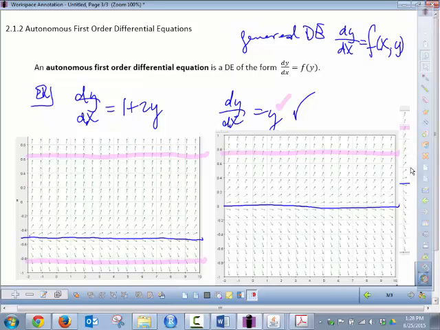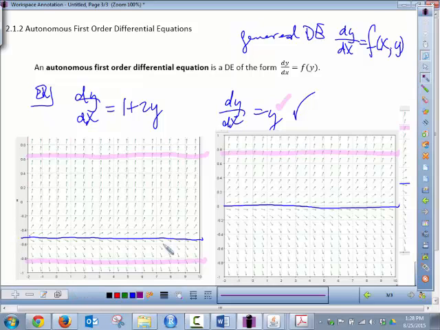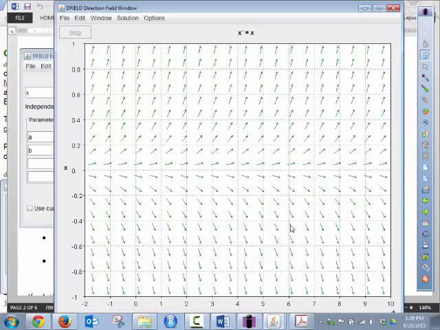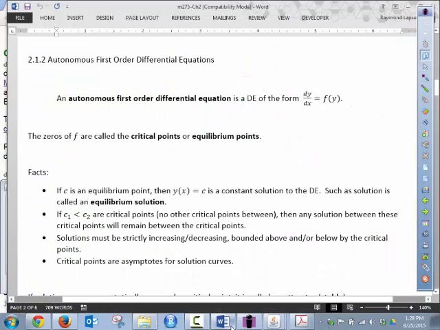Anyways, these, quote, equilibrium points here look like, in this first example, it looks like it's negative 1/2. And in this second example, it looks like it's 0. So let's formally define an equilibrium point. And it looks like the zeros of this function are the equilibrium points.